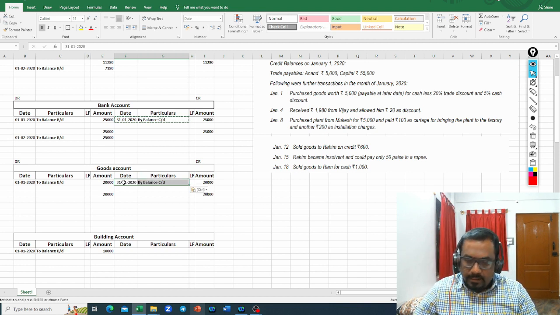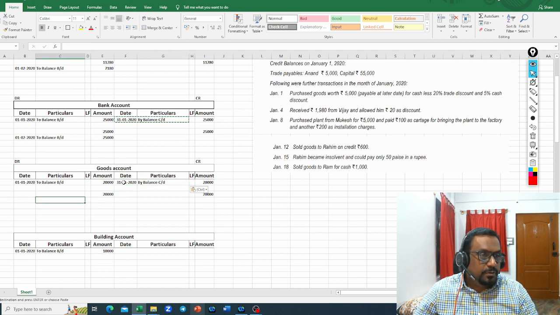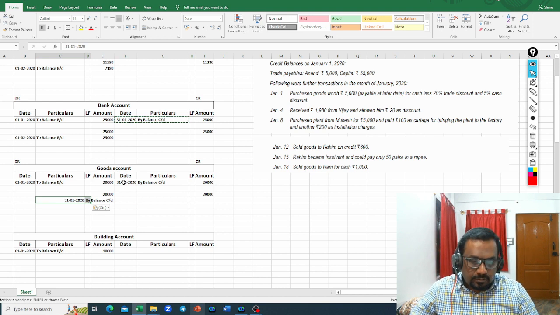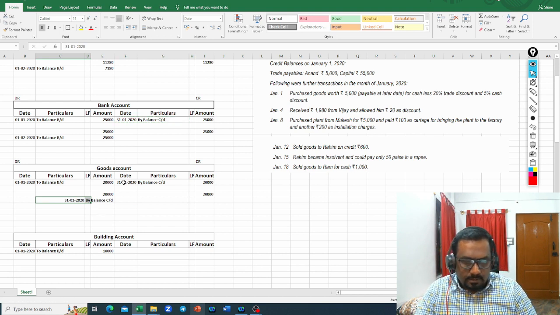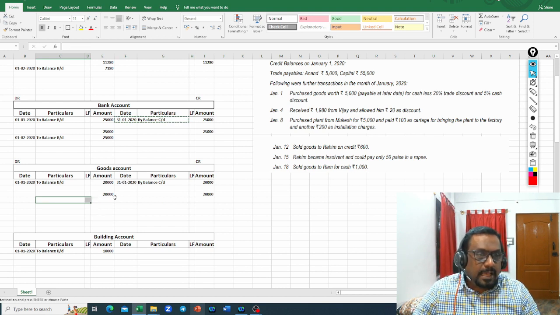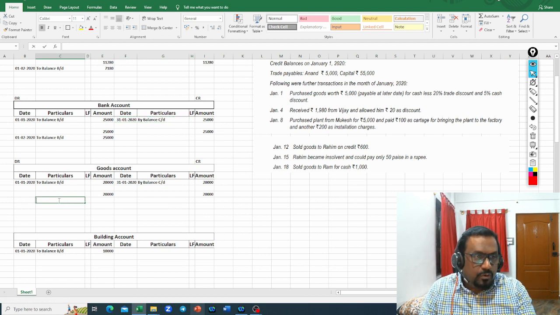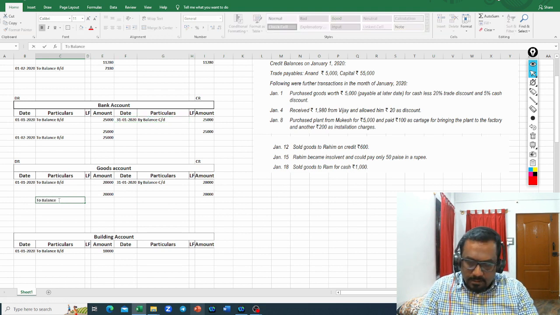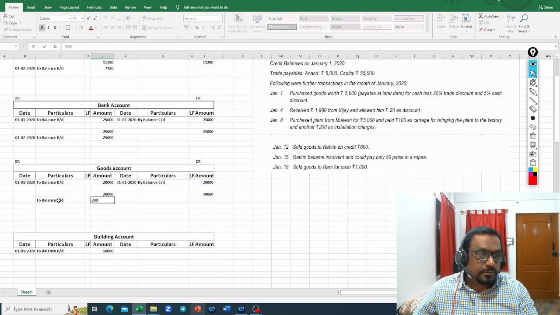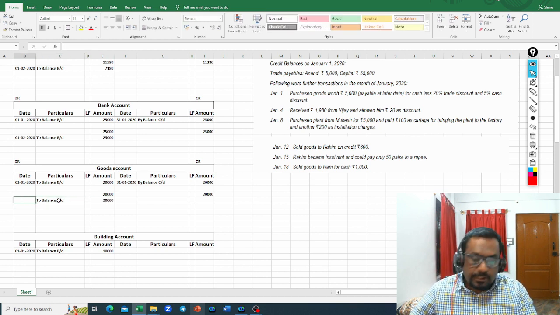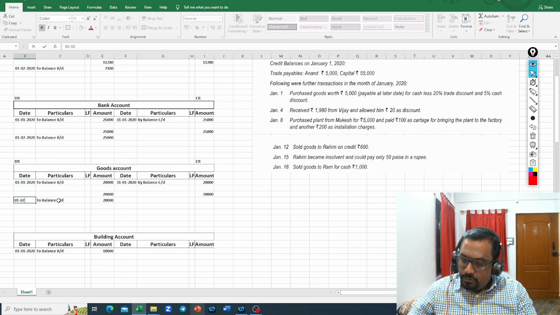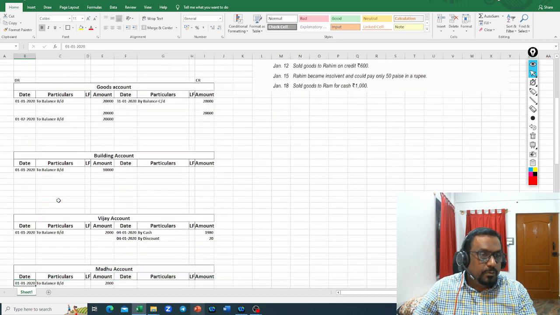Okay. Then brought down also we need to bring in here. So to balance brought down 20,000. What date am I supposed to put here? 01/02/2020. Clear?